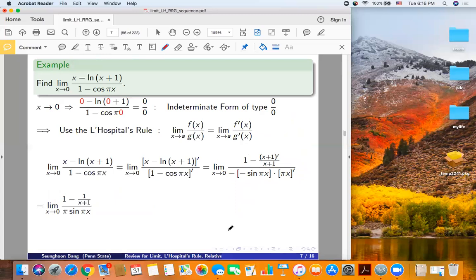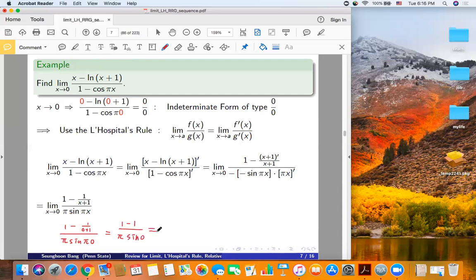The next step, we plug 0 into x again. So what happens? 1 minus 1 over 0 plus 1, over pi times sine of pi times 0. So 1 minus 1 over pi times sine of 0.